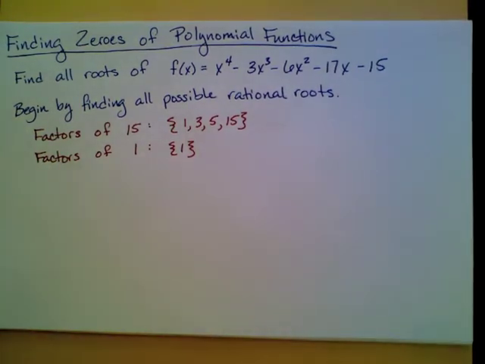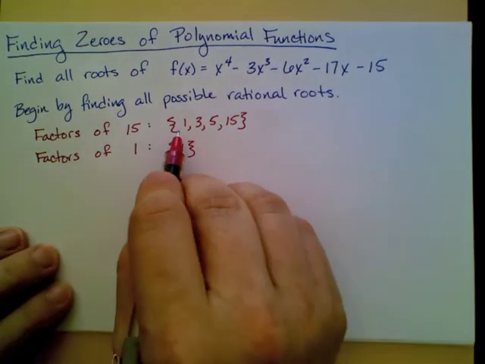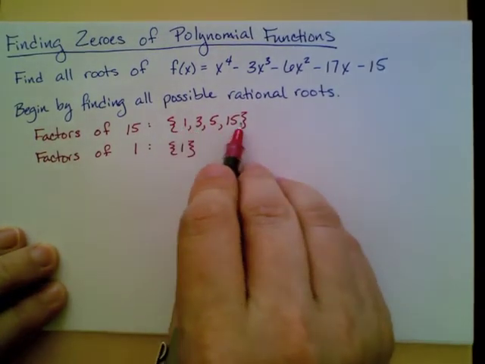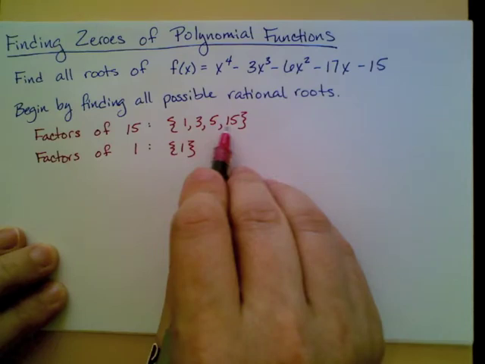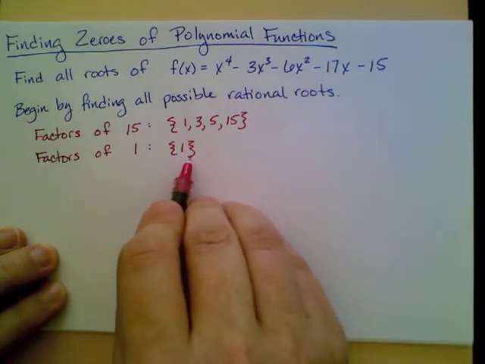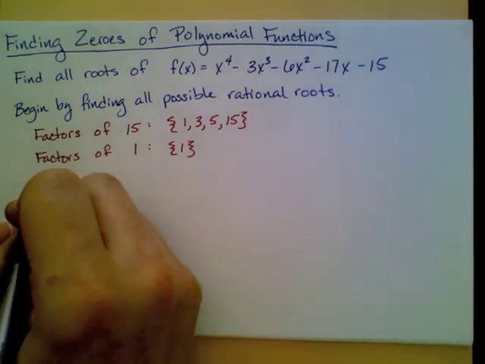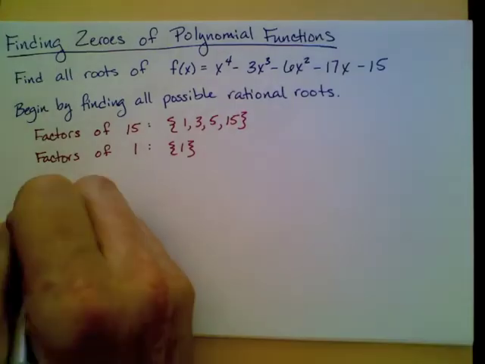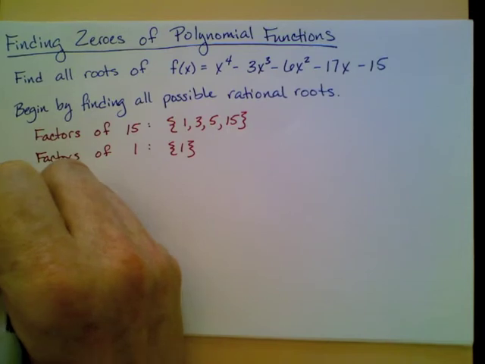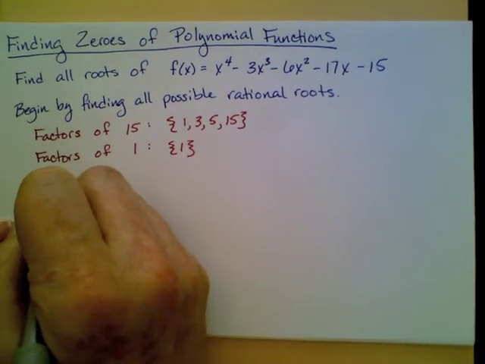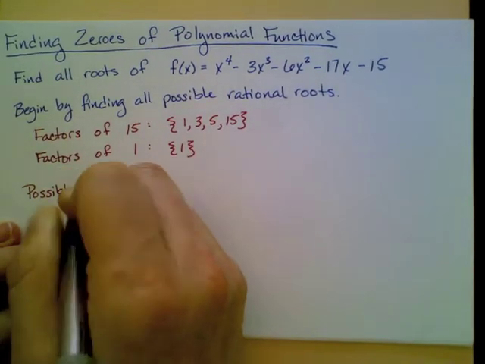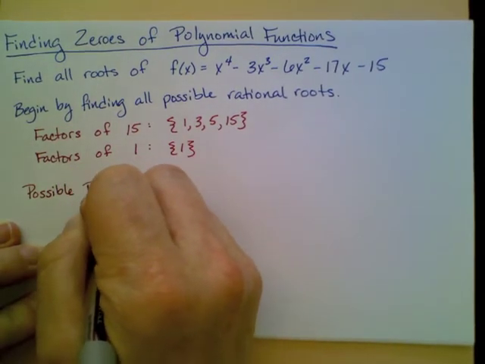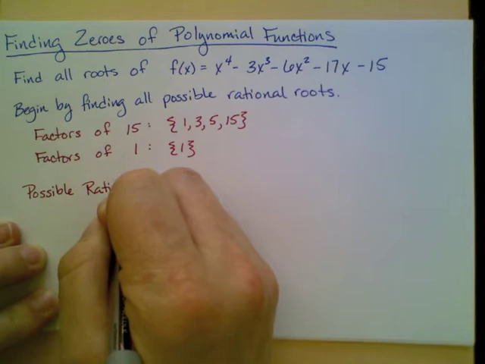Now remember, we need to take plus or minus every combination of the factors of the constant term over the factors of the lead coefficient. Fortunately, since the lead coefficient is 1, that makes this very simple. Camera seems to be bouncing a little bit there.